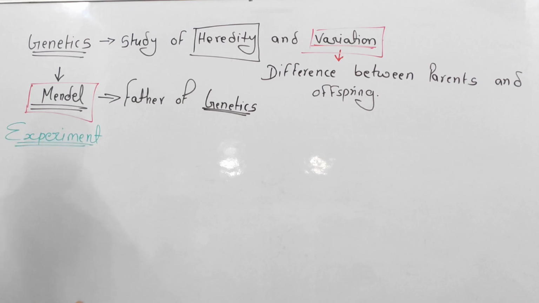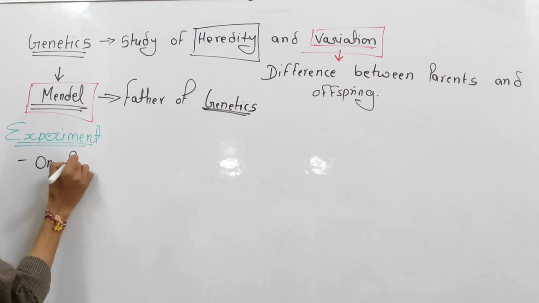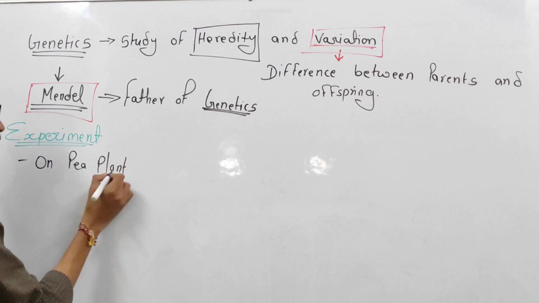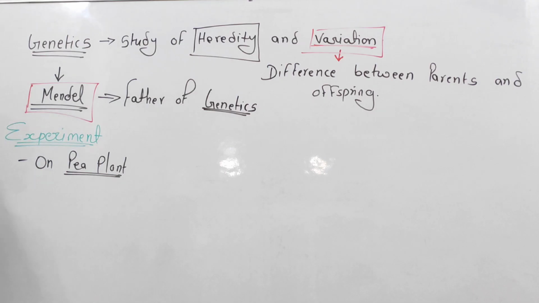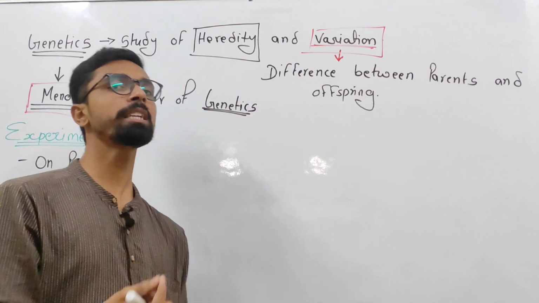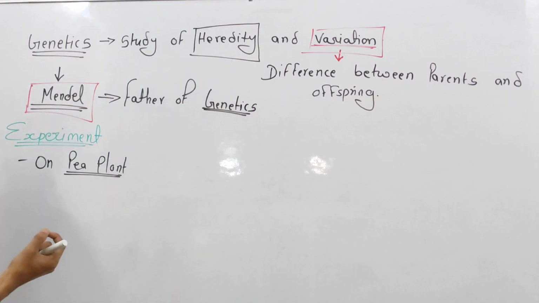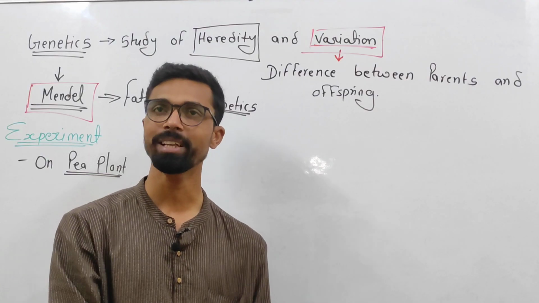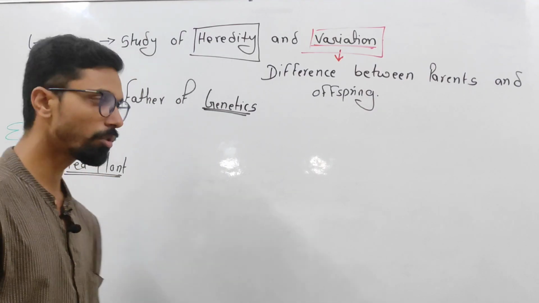Now we need to understand why he selected only a pea plant, not other plants. Like we can take other plants also, right? But why only pea plants?